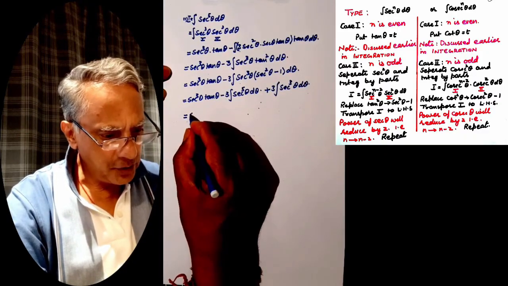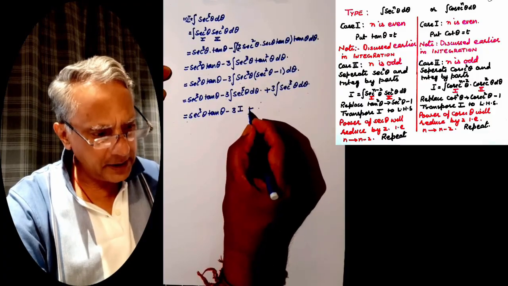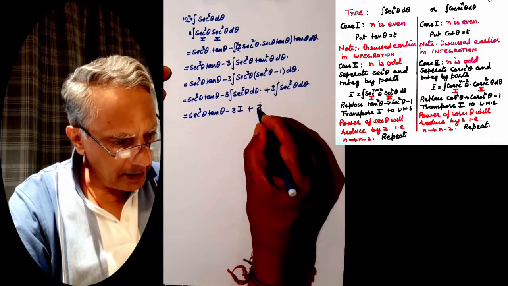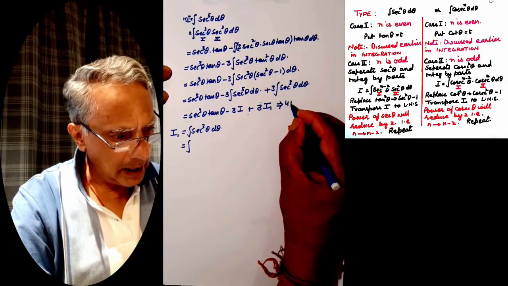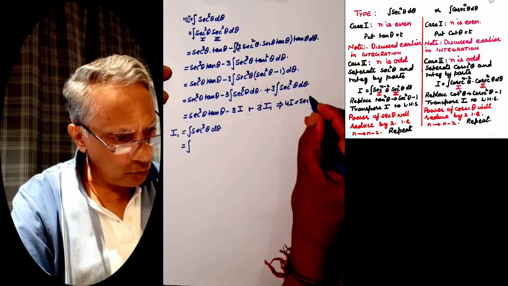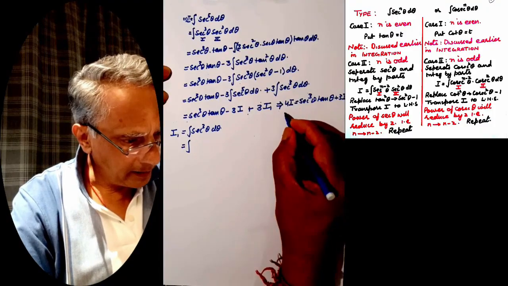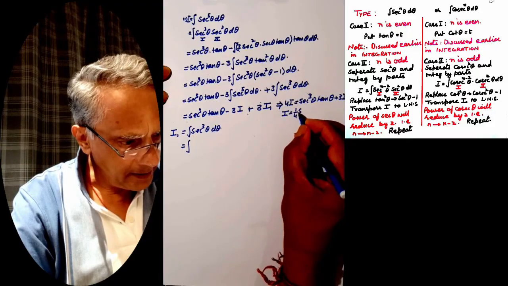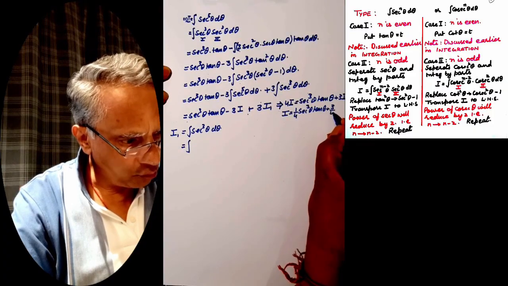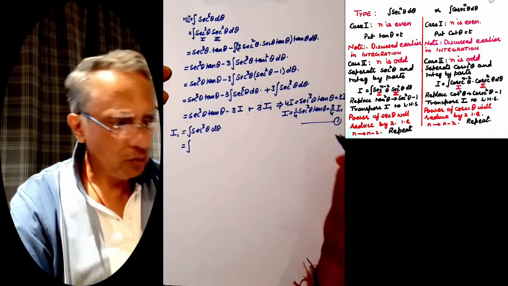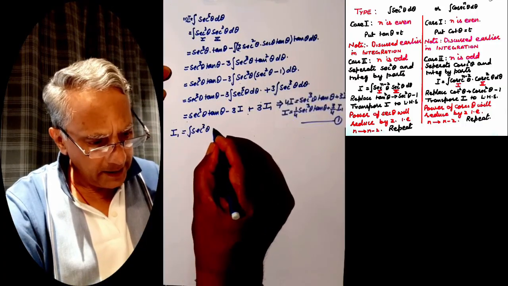Now we write this as secant cube theta tangent theta minus 3I plus, regard this function as I1, 3I1, and this implies 4I is equal to secant cube theta tangent theta plus 3I1, and from here we get I is equal to 1 by 4 secant cube theta tangent theta plus 3 by 4 I1, where I1 is equal to integral secant cube theta d theta.